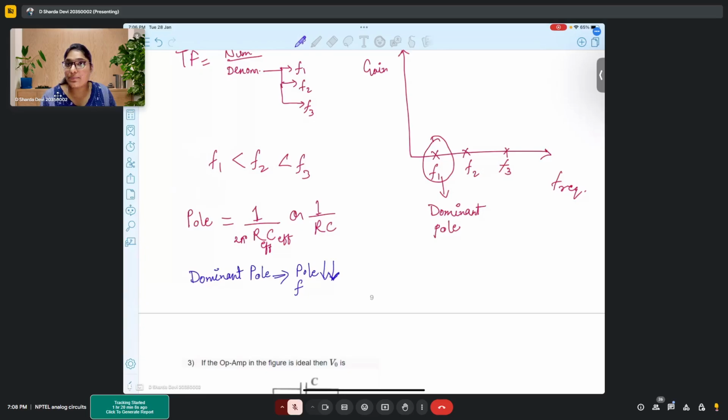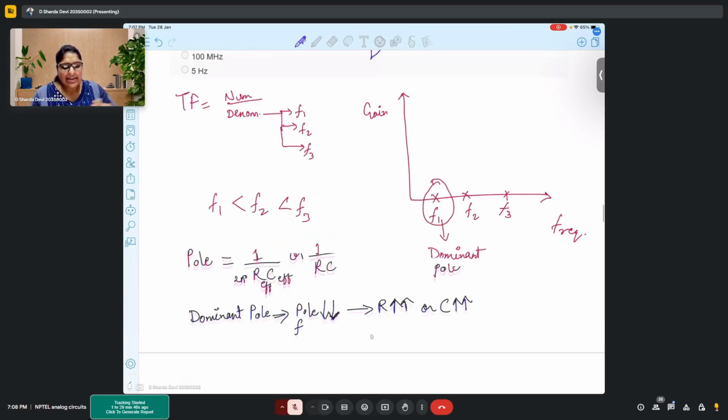And since the pole is 1 upon RC, if I want a very small pole value, my R should be very large or my C should be very large, correct? To get a smaller pole, R or C should be very large. Any doubts in this? No, ma'am.